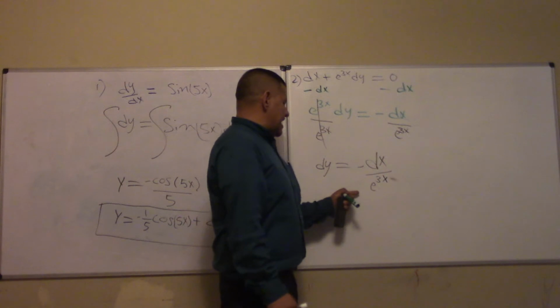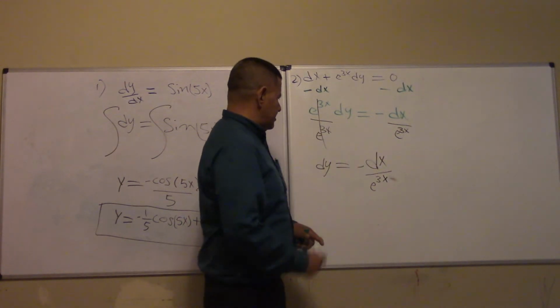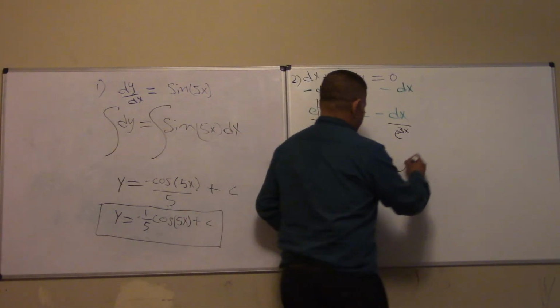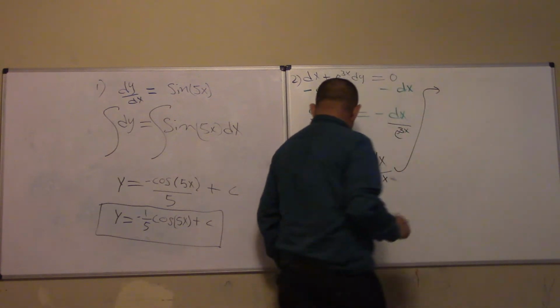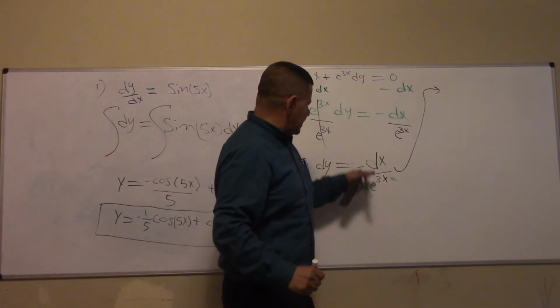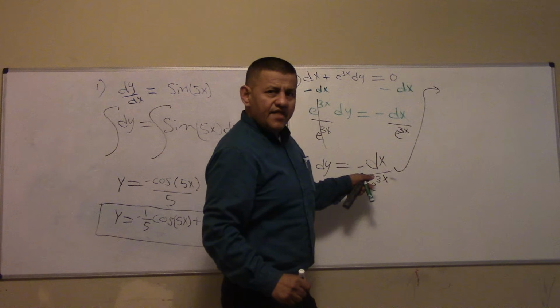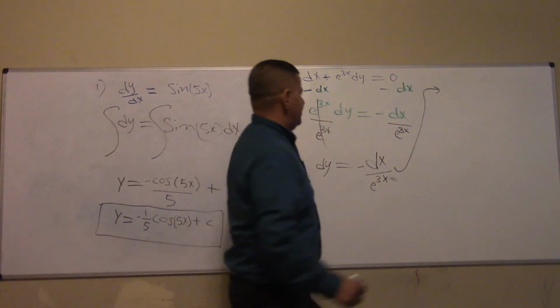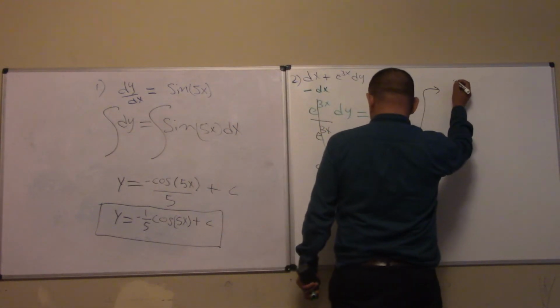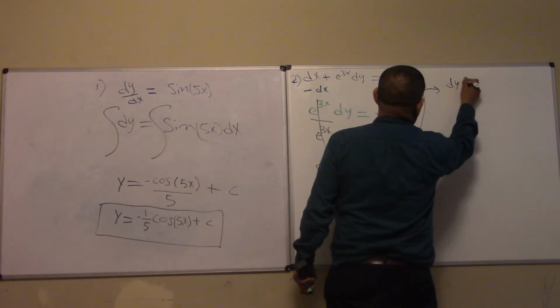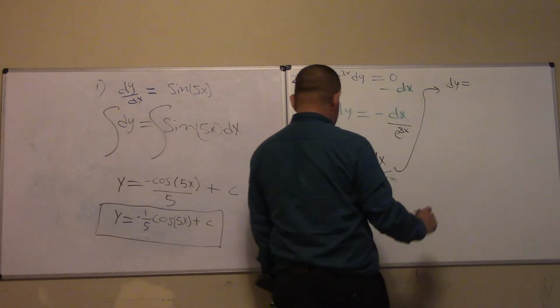I can clean this up a little bit here. I can bring this to the top and make that exponent negative, and say dy equal to what?